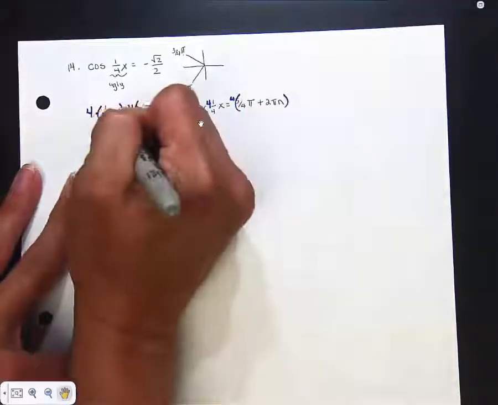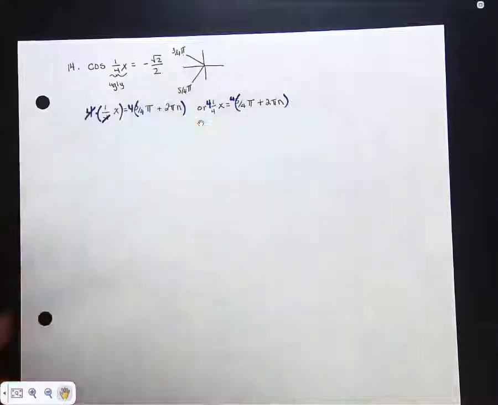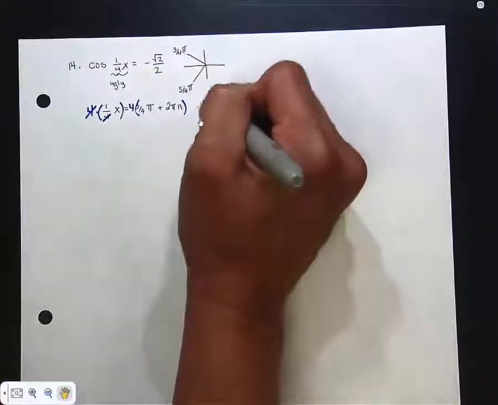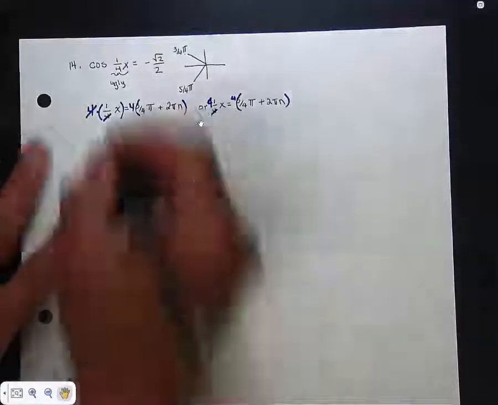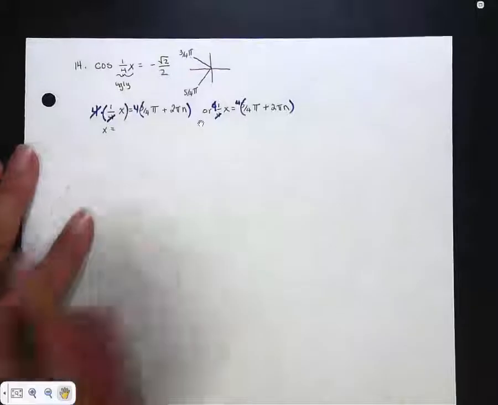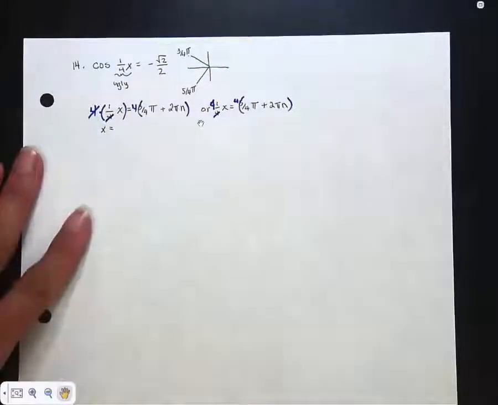So that on the left-hand side, those 4's cancel, and you're left with what you actually want, which is just x. You're not solving for quarter x, you're solving for x.